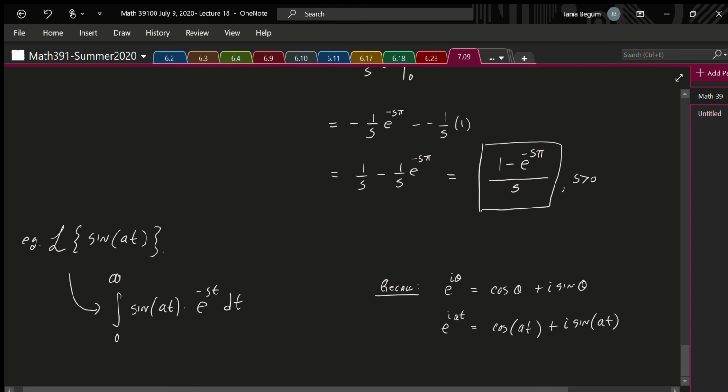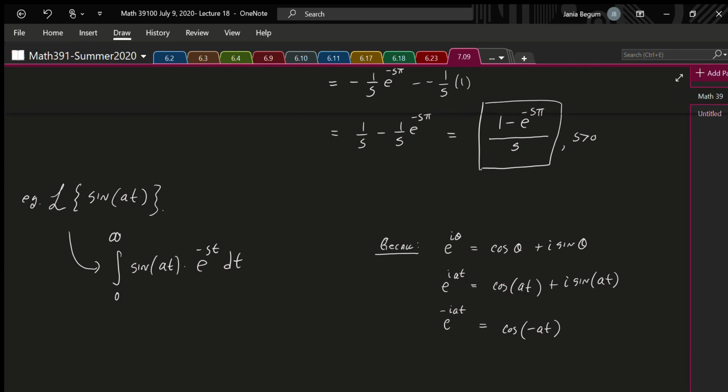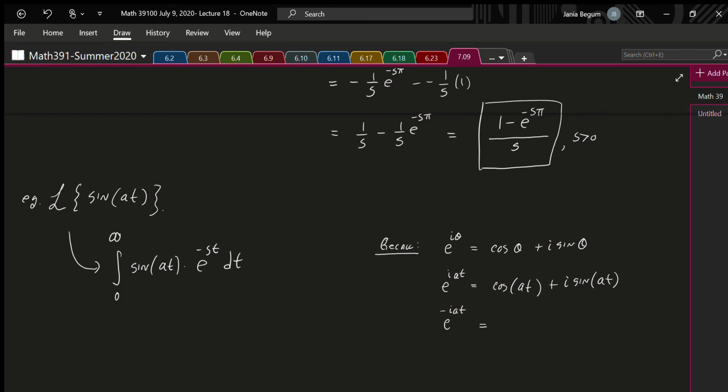Okay, cool. Now what about e to the negative iat? Using the same idea, your theta is now negative at, times i. So you will have cosine of negative at. We know cosine of a negative angle is always positive, so it's just cosine of at. If you need me to explain that, let me know.